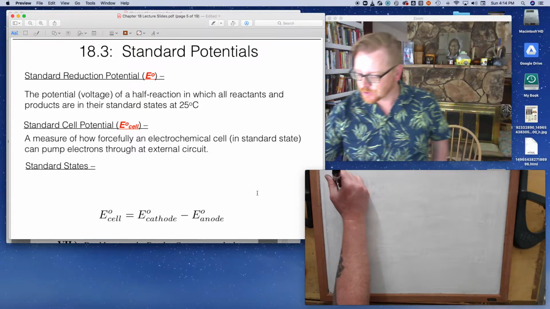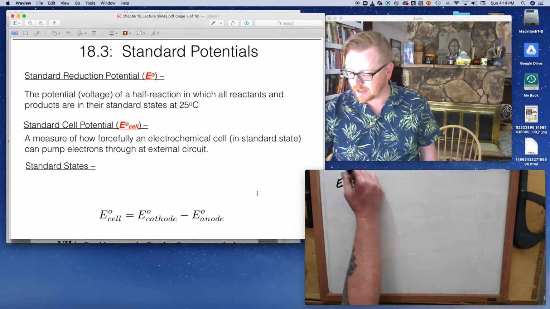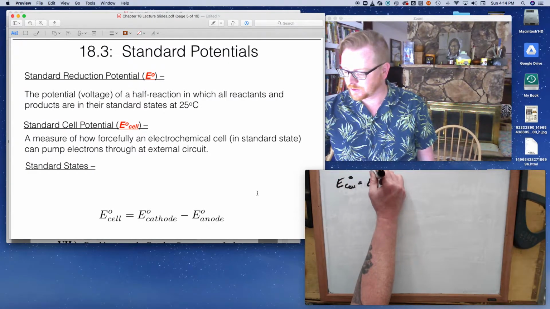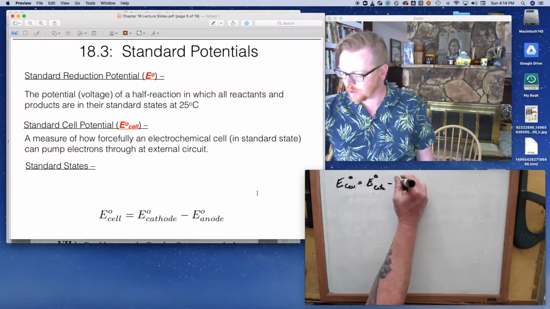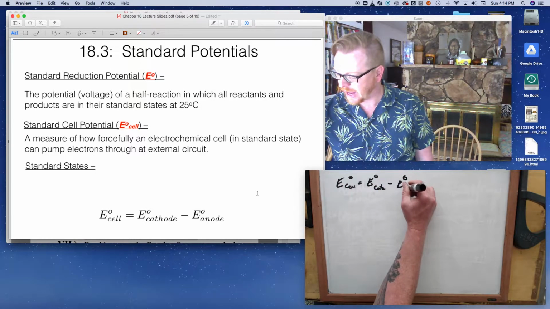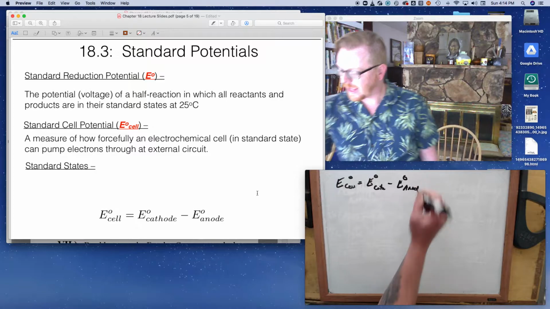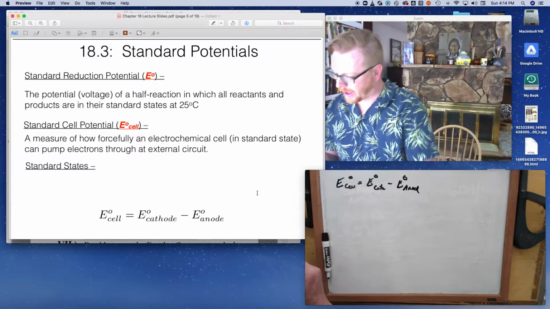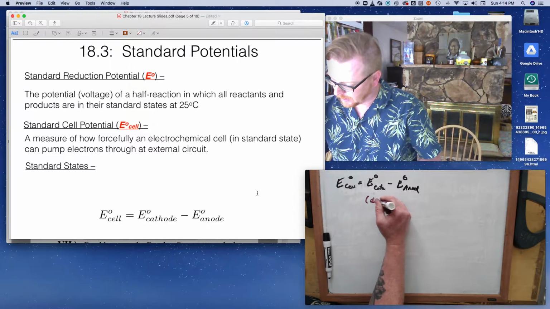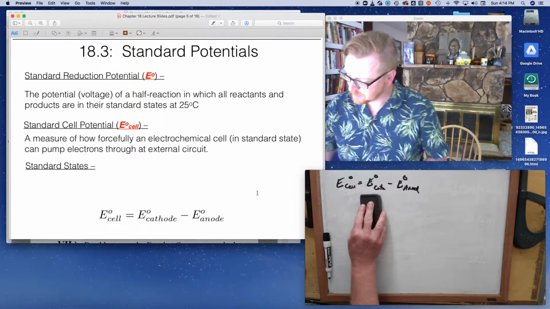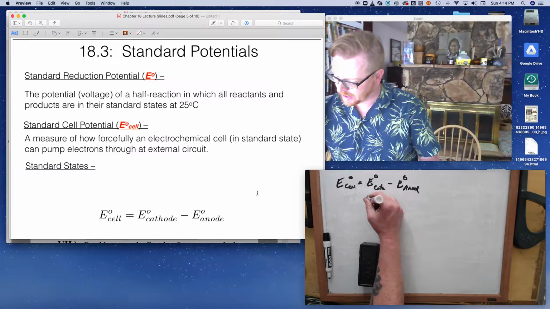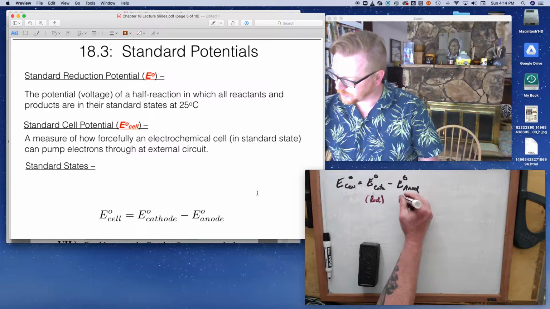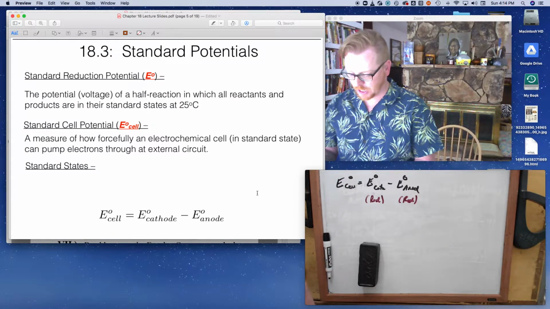So when I write this equation, E cell standard equals reduction at the cathode minus reduction at the anode, this is if they're both written as reductions. I'll say red for reduction, red for reduction.